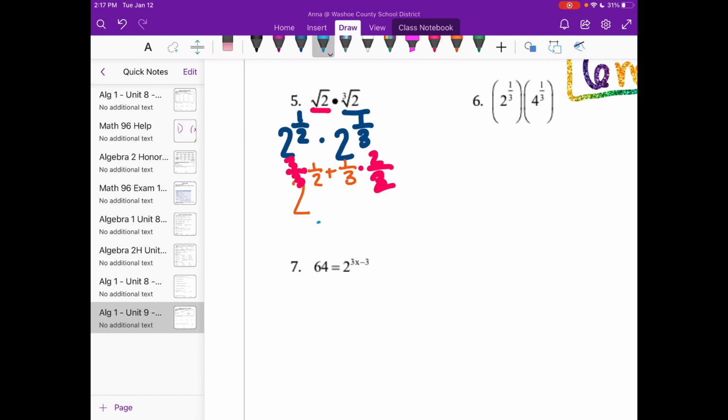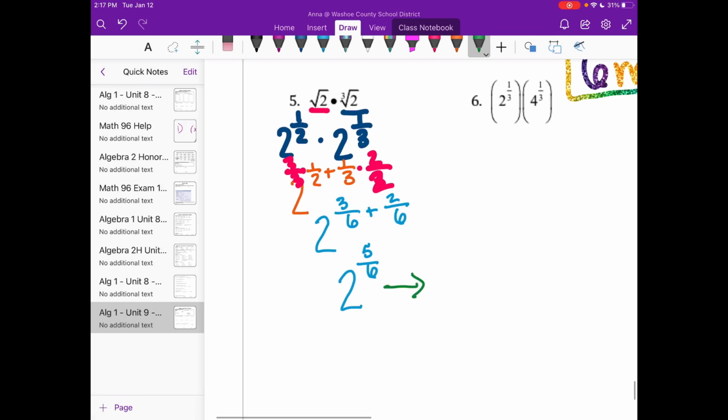There we go. Okay, so I have 3 times 1 is 3 over 6 plus 2 times 1 is 2 over 6. Now we can add them because I have common denominators. So 3 plus 2 is 5. So I have 2 to the 5/6. That's my exponential, but remember I want the radical form.